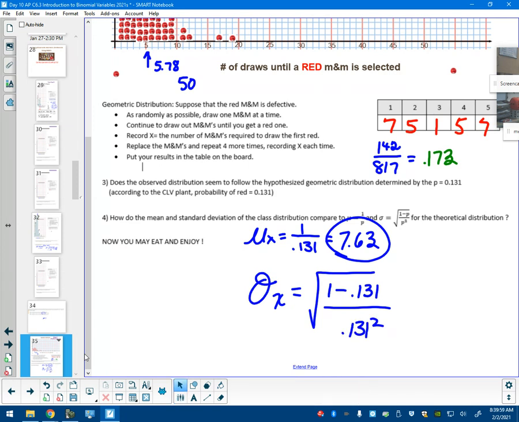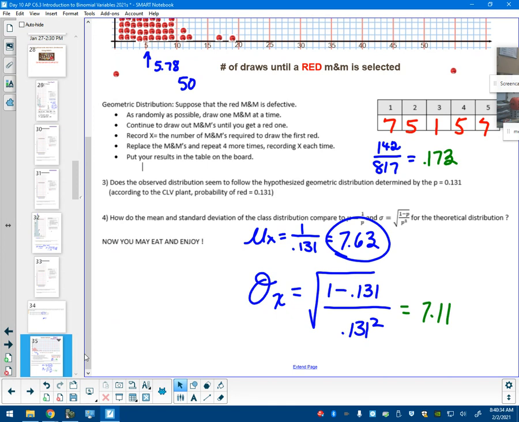And if I do that in my calculator, I get 7.11, which we are well within one standard deviation there, because if you take 7.11 away from there, you're at 0. So our answer is well within one standard deviation.